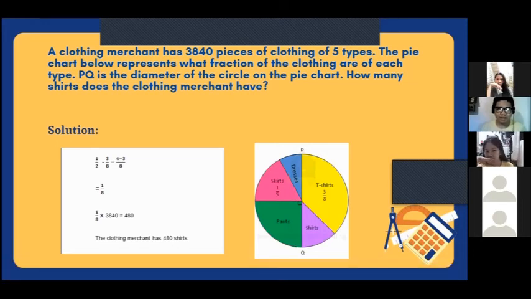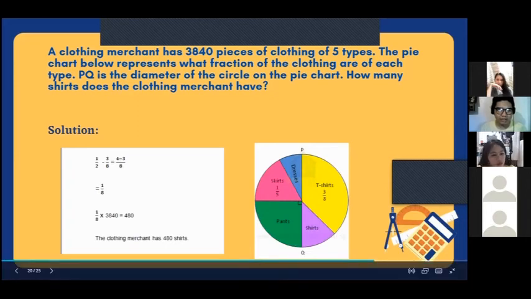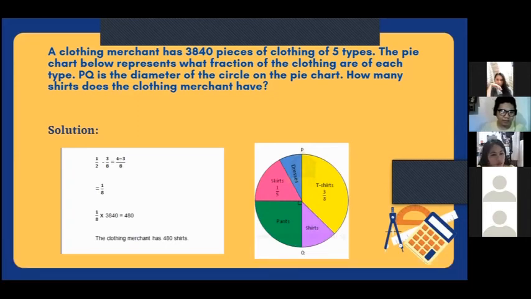So the question here is, how many shirts does the clothing merchant have? So we have to solve this. PQ, which means half of the circle, minus the 3/8 of the t-shirts is equal to 4/8 minus 3/8, which is equal to 1/8.